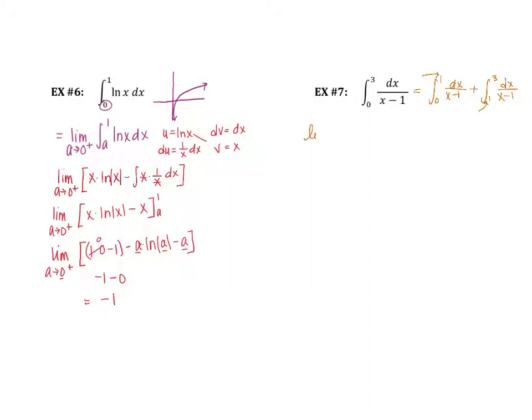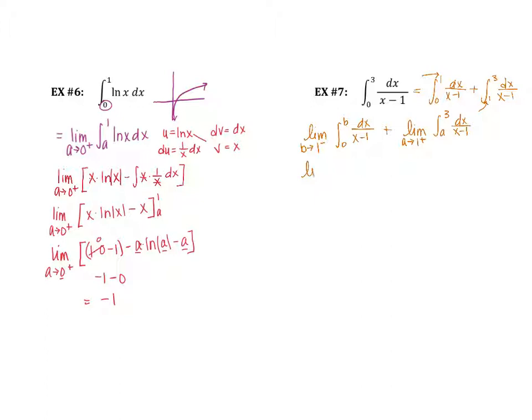So we're going to say the limit as b approaches 1, but this is just going to be coming in from the left because I'm looking between 0 and 1, so that's to the left of 1, of the integral from 0 to b of dx over x minus 1 plus, and we're going to do the same thing over here, but that limit is going to be as a approaches 1 from the right of the integral from a to 3 of dx over x minus 1.